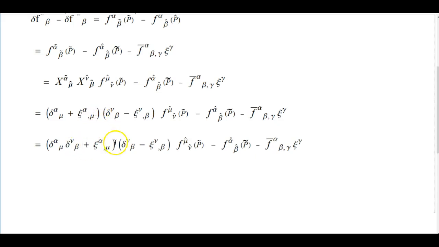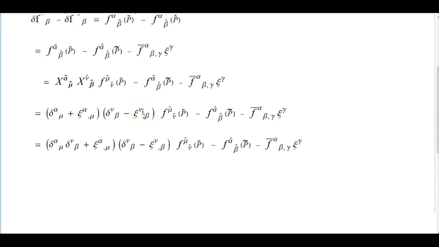Okay, so there are a total of 4 terms here. Delta alpha mu with delta nu beta we can keep. Delta alpha mu with xi nu beta, this can be alpha mu. Do we need this or can we drop this?